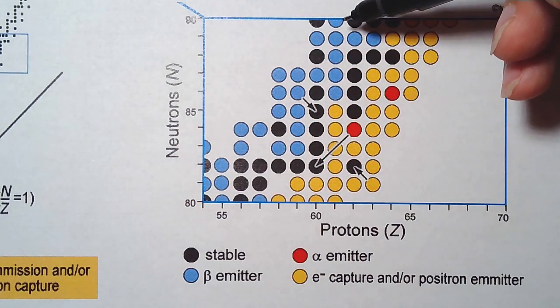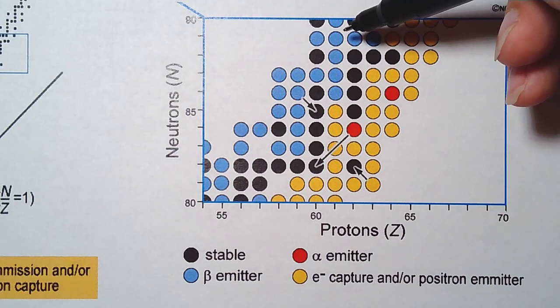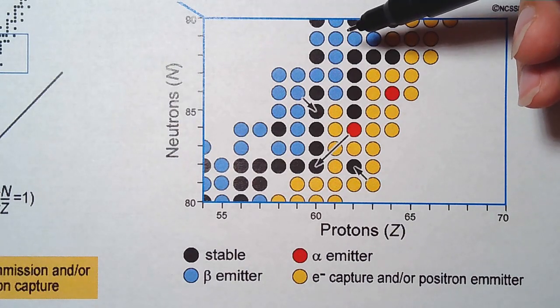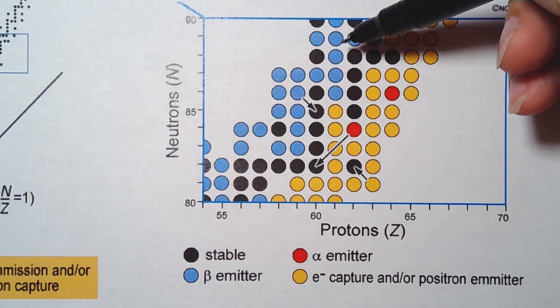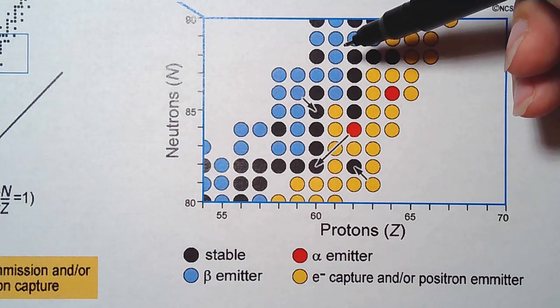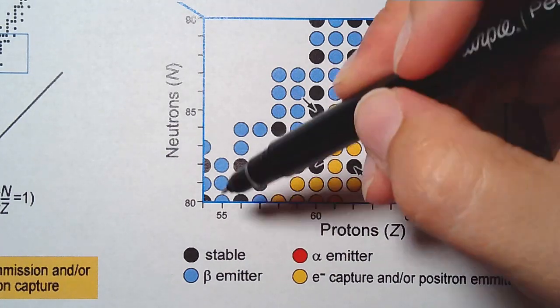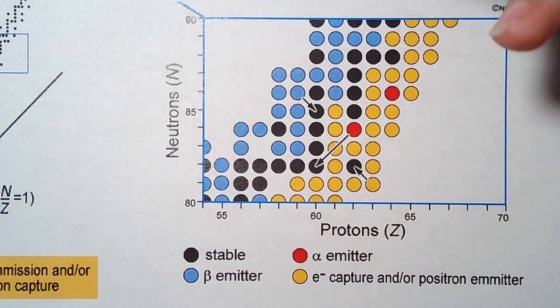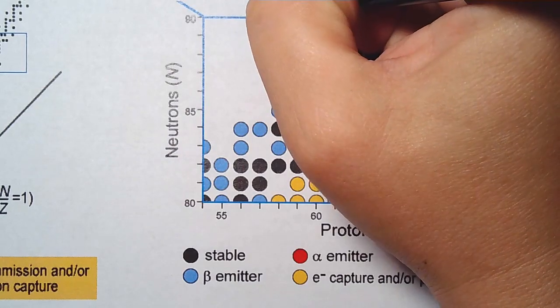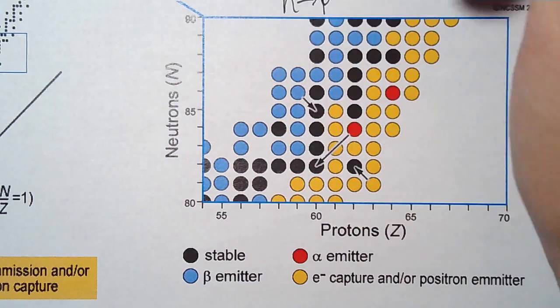Well, if you have too many neutrons, you need to decrease your neutrons or increase your protons, or even better, do both at the same time. So these are called beta emitters. They turn neutrons into protons. Okay, so that's the type of beta decay.